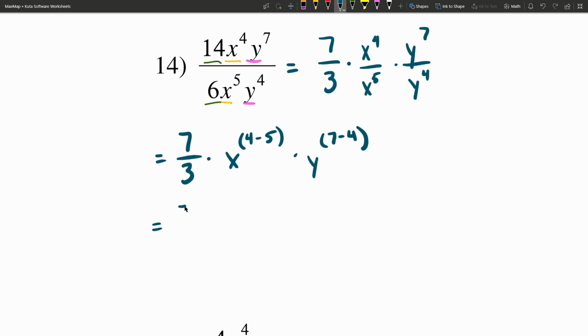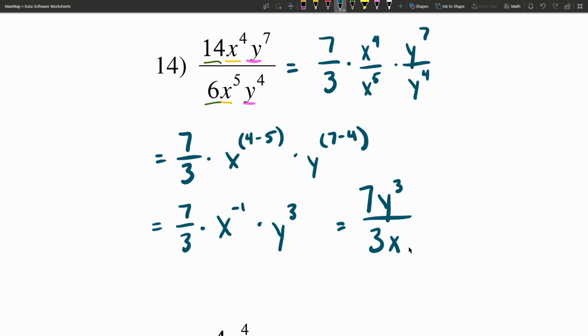This is going to leave me with 7/3 times x to the 4 minus 5 is x to the negative 1, and y to the 7 minus 4 is y to the positive 3. Remember, I only want positive exponents, so I'm going to put this x to the negative first in my denominator with a positive exponent. So we're going to get 7y cubed all over 3x to the first, or 3x.